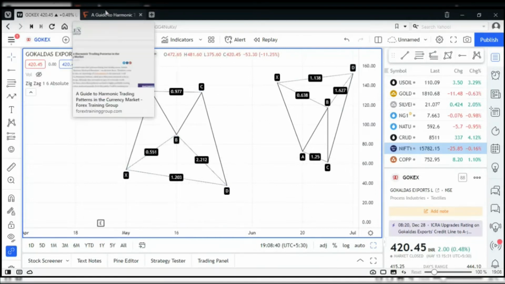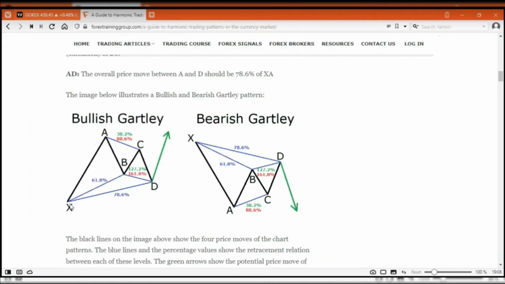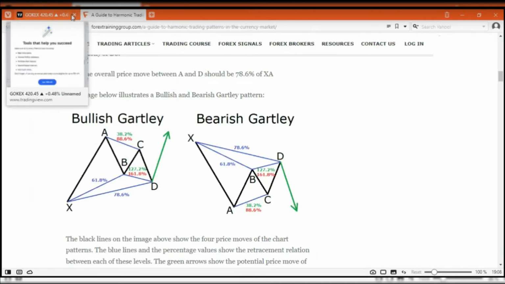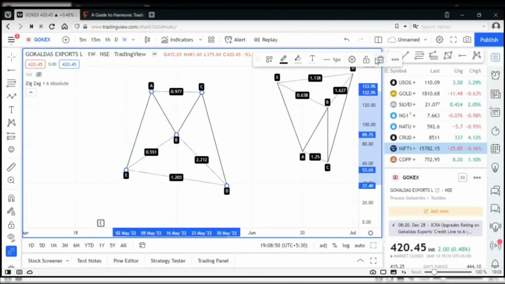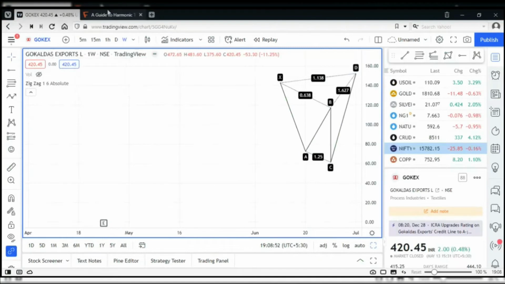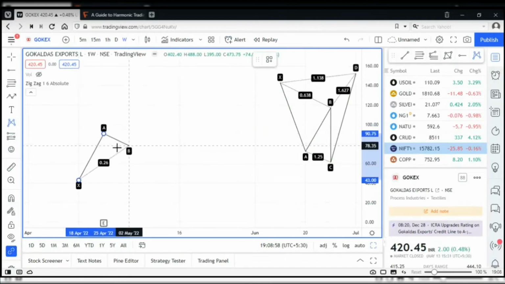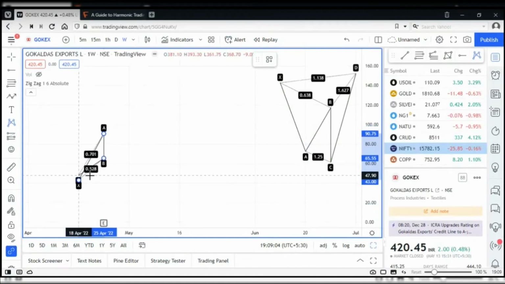For bullish Gartley, we draw X to A to B and we got the value 0.582.